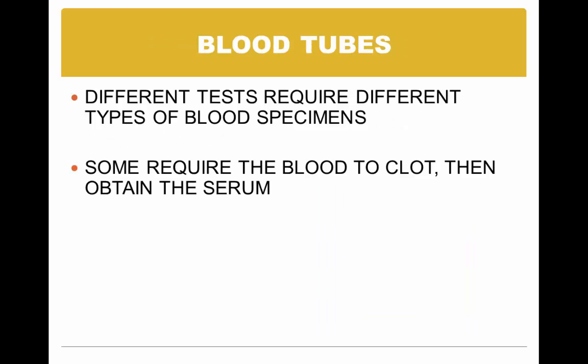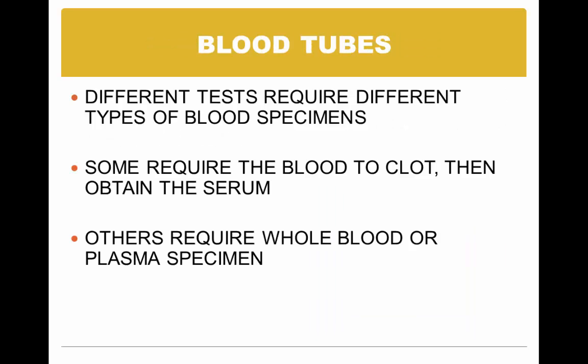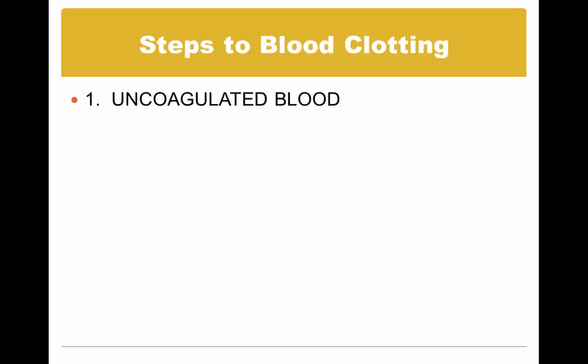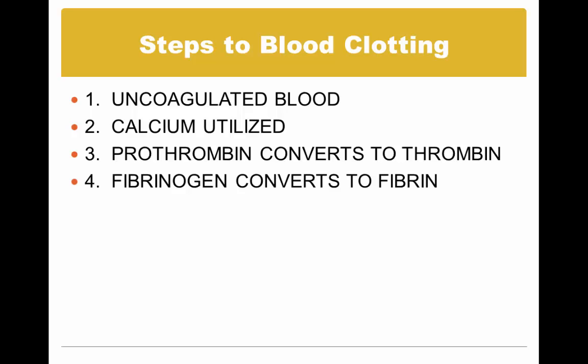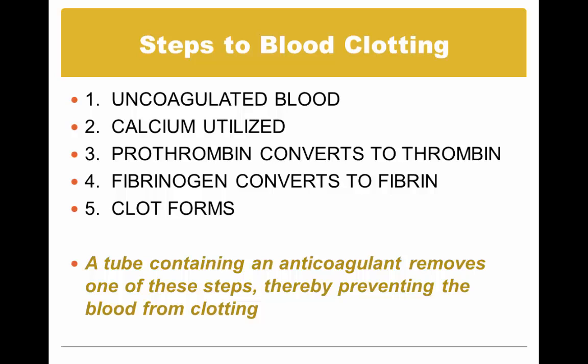Your blood tubes: different tests require different types of blood specimens. Some require the blood to clot to obtain the serum, and others require whole blood or plasma in order to get what they need for the particular test. Steps to blood clotting. Some of our anticoagulants utilize the calcium, therefore it cannot be used in the clotting process.